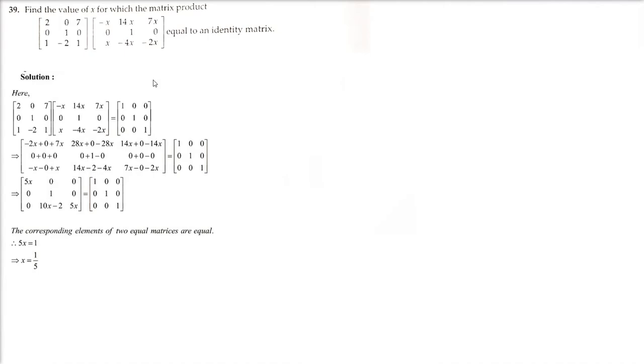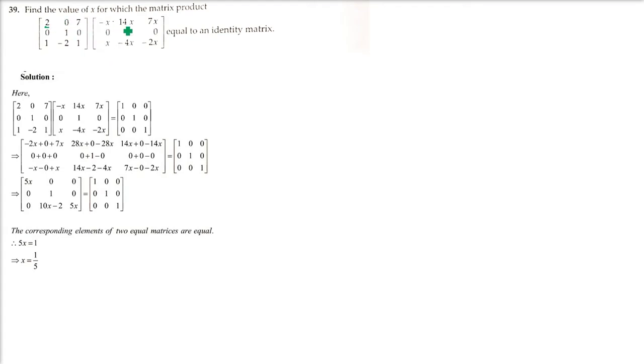Find the value of x for which the matrix product is an identity matrix. So we'll do the matrix multiplication and we'll equate it with the identity matrix. So I'll do it directly here one by one. This row, first row with 3 columns, second row with 3 columns, third row with 3 columns.